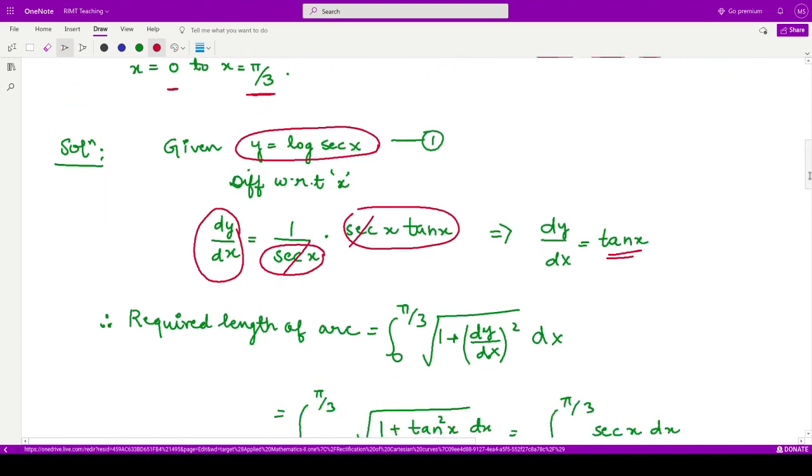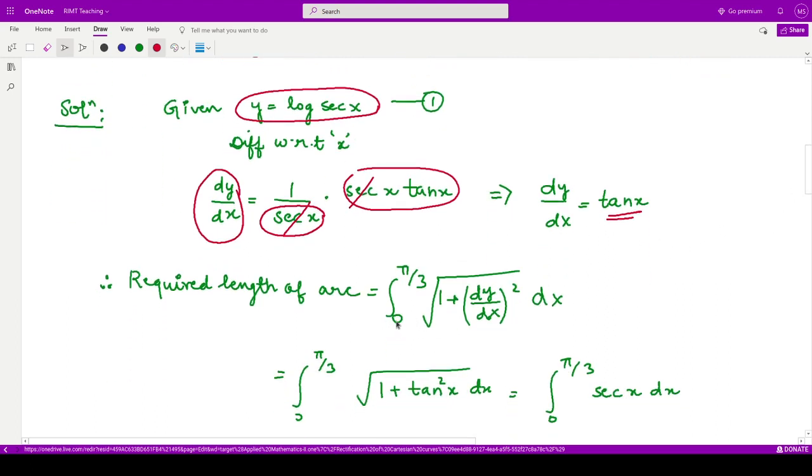So the required length according to the formula, the interval here is given to be 0 to pi by 3. So in this interval, your length would be the integration from 0 to pi by 3 of the square root of 1 plus the square of this quantity, dx. Its value is tan x, so tan square x. So 1 plus tan square x becomes secant square x, and then you will perform this square root.